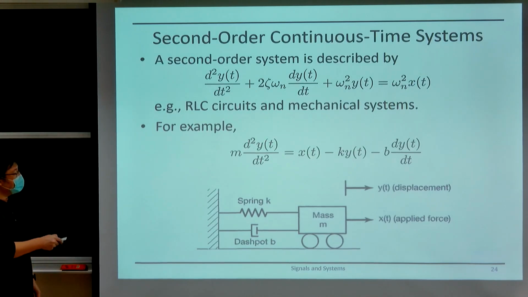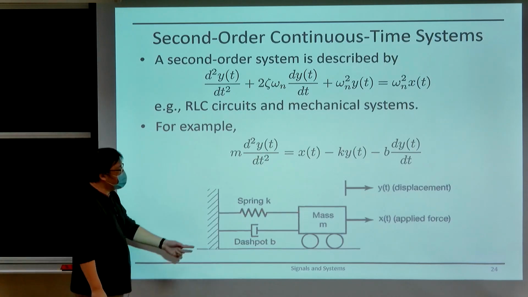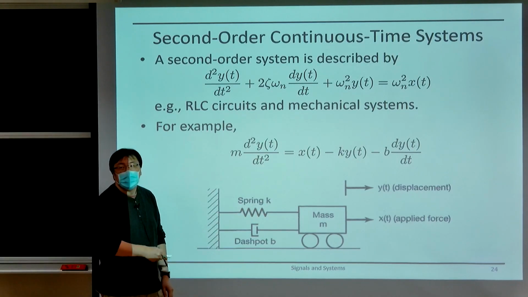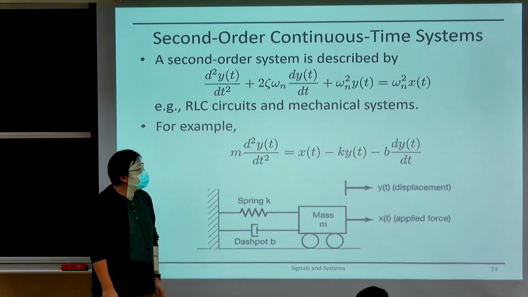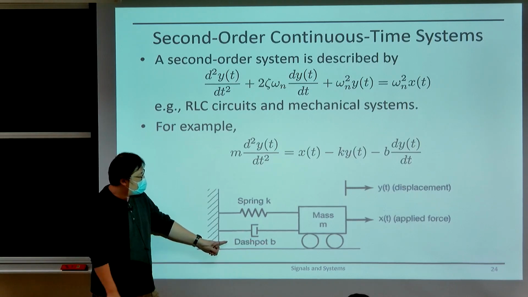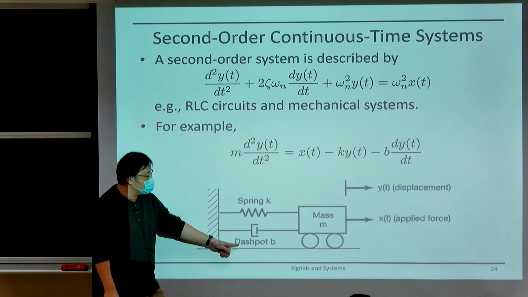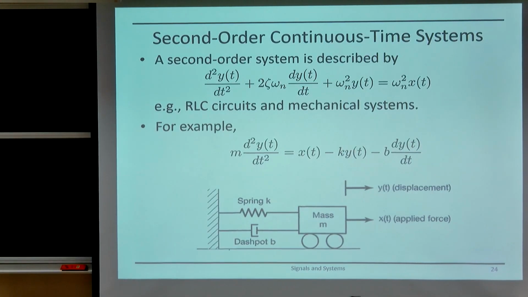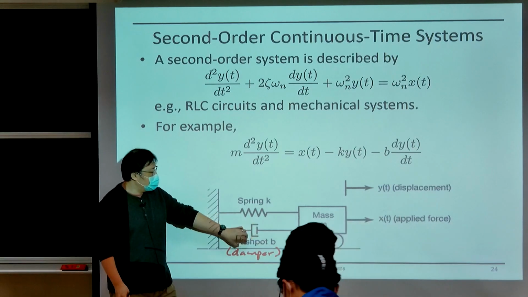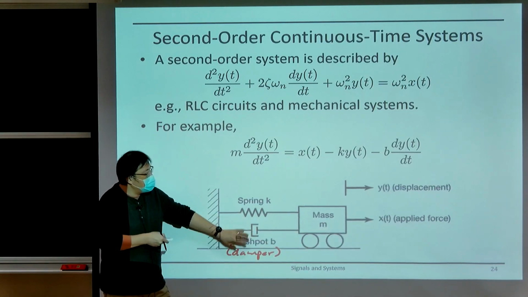And this is equal to the force applied in this direction, which is x of t, a force applied by the spring that pulls this back, which is equal to minus k y of t because it's in this direction, and also this is called a dash pot, or you can just consider this as a damping system, a damper that restricts the motion of the vehicle in that direction.